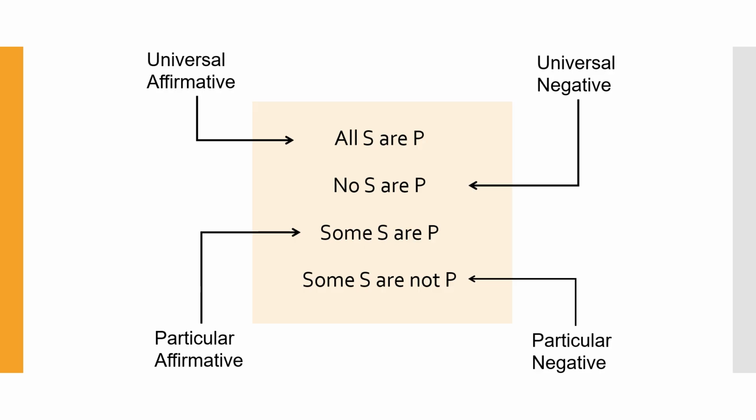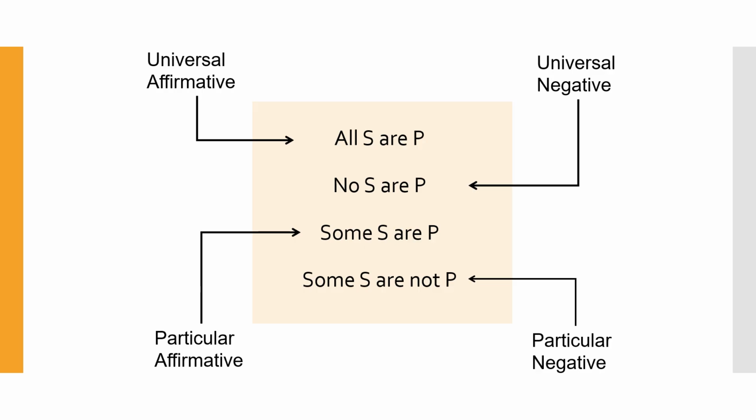A universal negative, the no claims, are saying absolutely no S's ever are going to fit into the category of P. A particular affirmative is asserting some are, right? And these are essentially saying there's at least one S that goes together with the P, or the subject that goes with the predicate. And the particular negative, the some are not claims, is saying there's at least one S that does not fit into the predicate term.